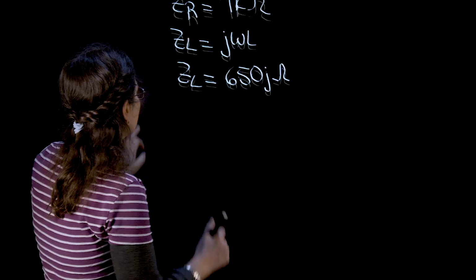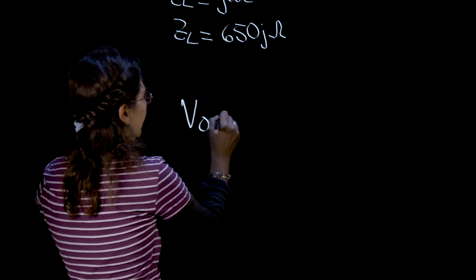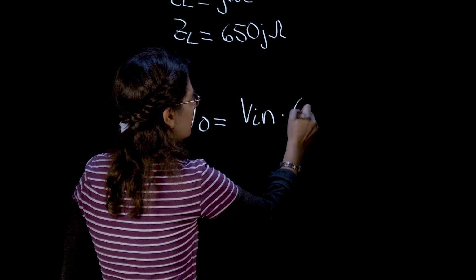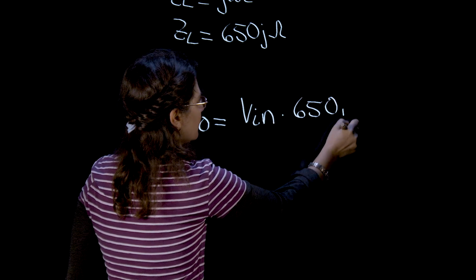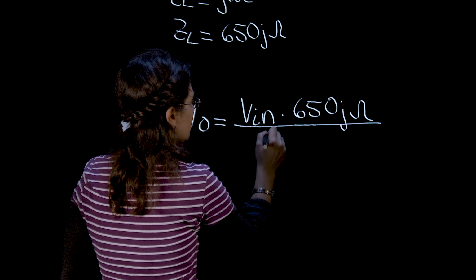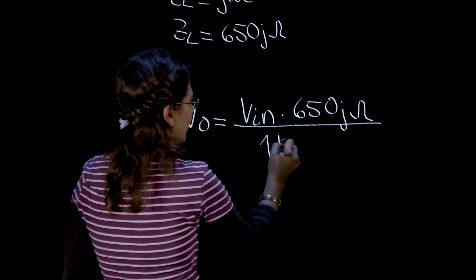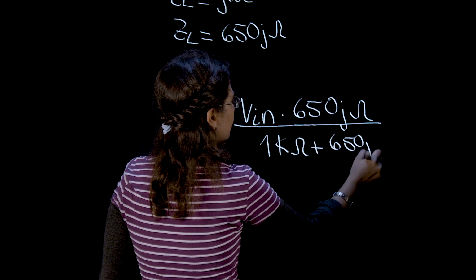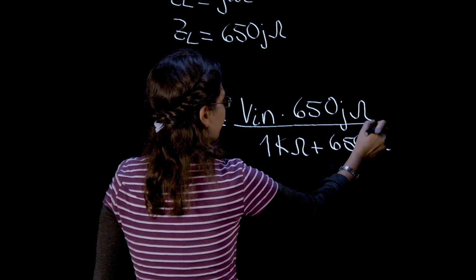So our output voltage is our input voltage times the impedance where we want to calculate our voltage over the sum of both impedances, which is 1K plus 650 j ohms.